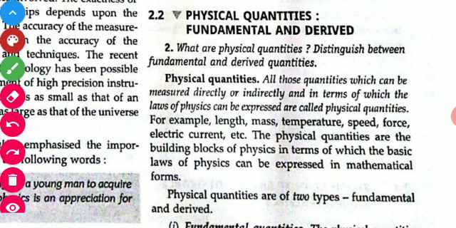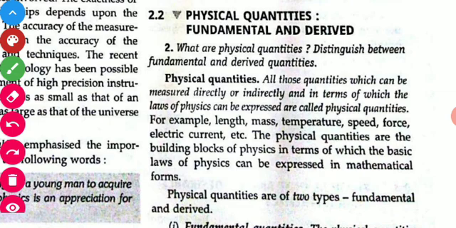So we can define physical quantities as all those quantities which can be measured directly or indirectly, and in terms of which we can define our laws of physics, our phenomena of physics.